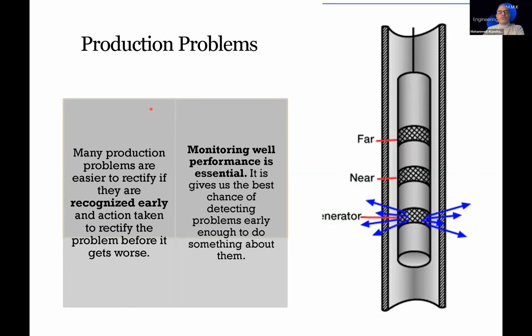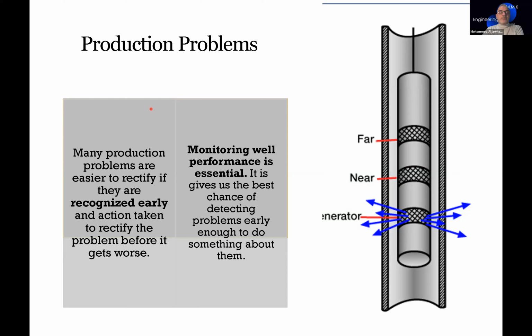So what we should do, and how we can reduce that effect, is by monitoring well performance. This is the essential parameter we have to keep in mind: monitoring of the well performance, field performance.